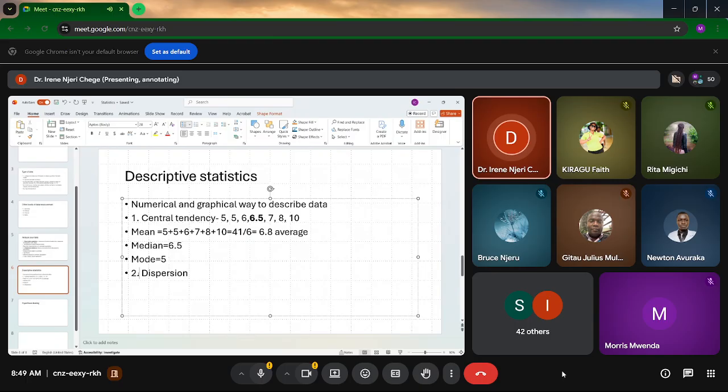Then we look for the range. What is our range? Our range is just our highest minus our lowest. That simple. Here is our range.